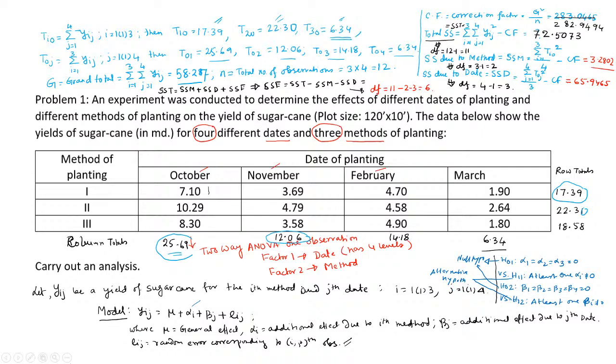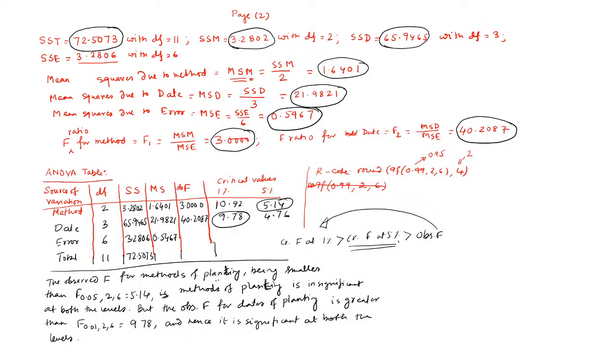Since here the observed F of the method of planting is smaller, this means we fail to reject H01 at 1% and 5% levels.